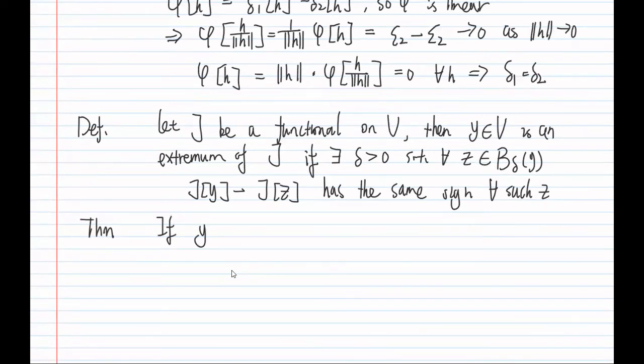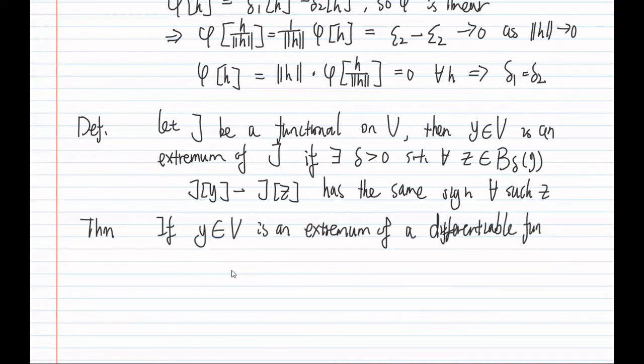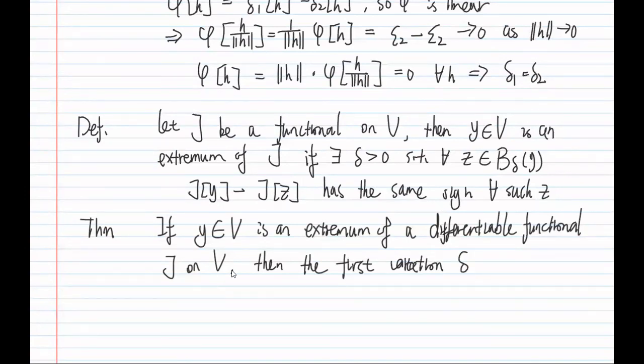If y in V is an extremum of a differentiable functional J on V, then the first variation at the point y, delta, is 0.